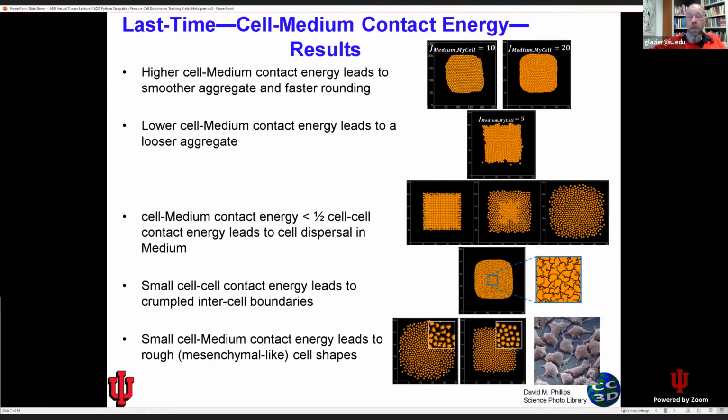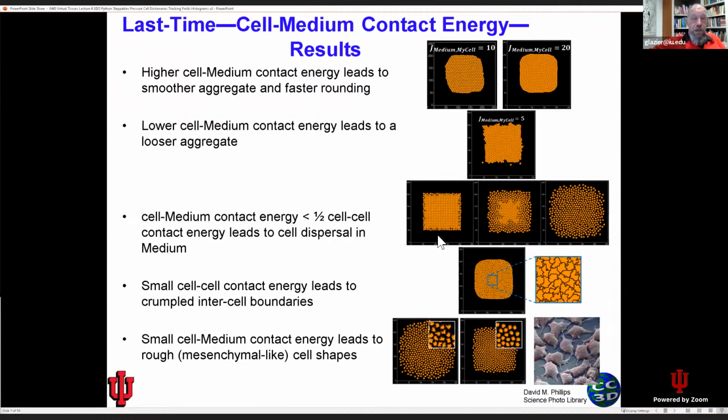The other thing that we did a little bit in the homework and a little bit in class, but didn't do the full exercise, was to talk more about the effects of cell-cell and cell-medium contact energies on cell-cell behaviors and cell-medium behaviors. One of the things that we could look at was if we have cells that are in contact with each other and with the medium in an aggregate, and we change cell-cell interaction energy and cell-medium interaction energy, what happens?